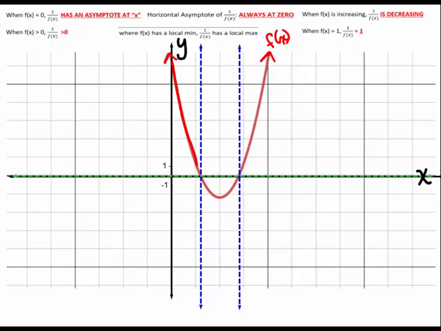So in this whole negative section up to the first vertical asymptote, my original graph is decreasing but positive. And so my new graph will have to be increasing and positive in that section.